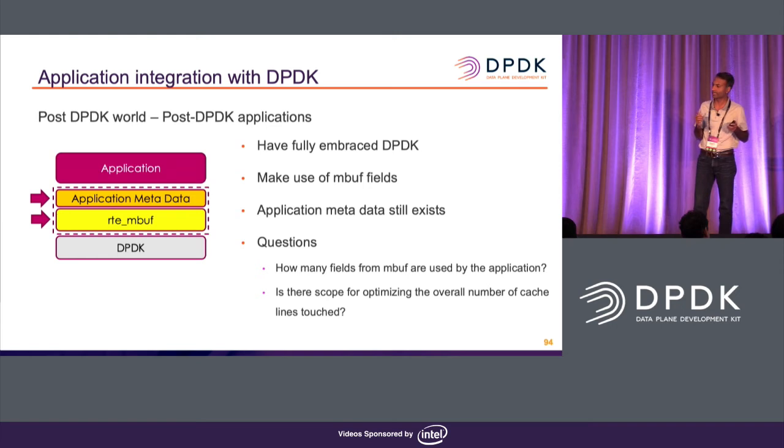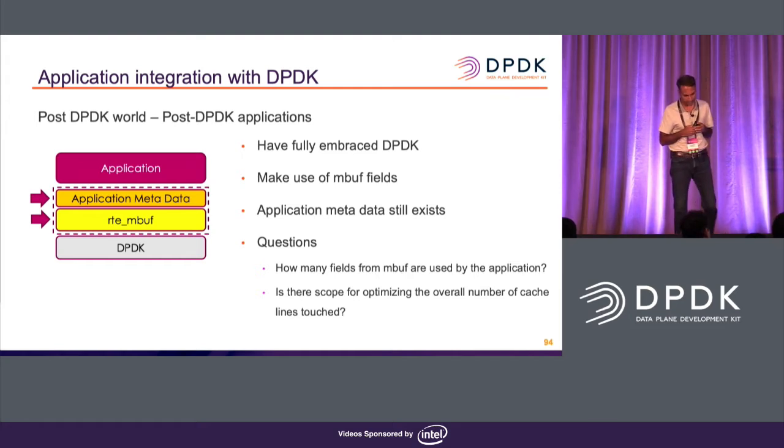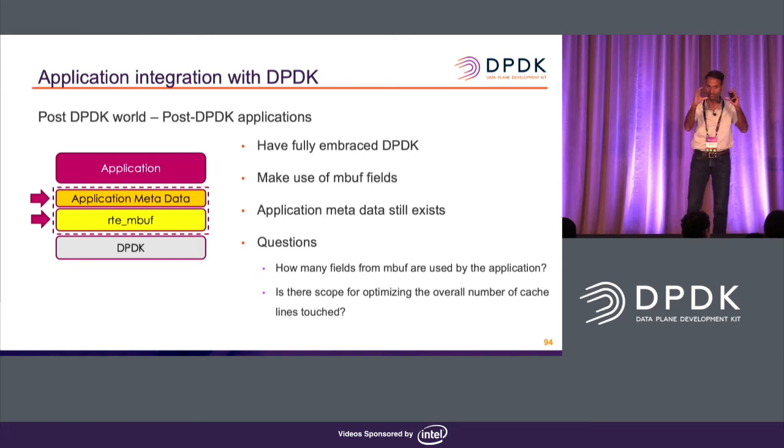Some questions you have to ask are: how many fields from RTE MBUF are getting used in your application? Are you using all the fields from RTE MBUF? Is there scope for optimizing the overall number of cache lines touched? If I consider the RTE MBUF and the application metadata as one set of metadata, is there scope for optimizing based on how many fields you don't want out of RTE MBUF?